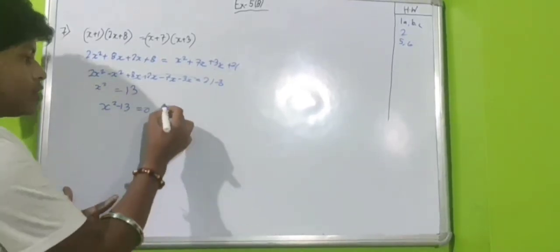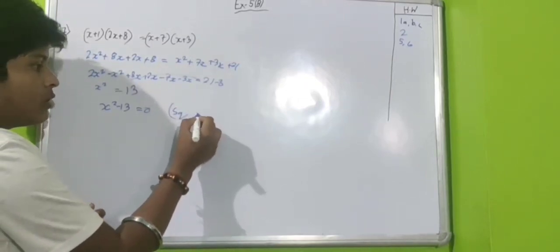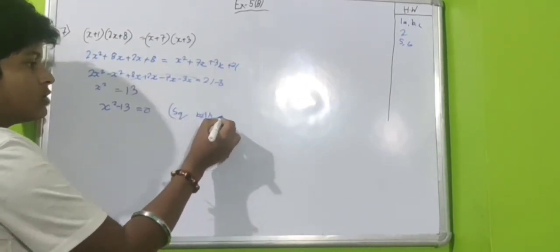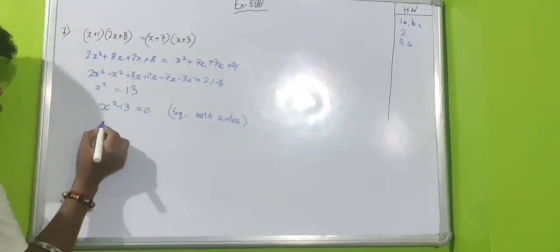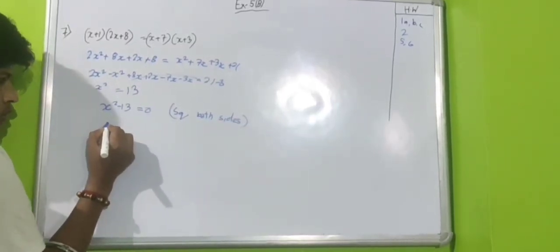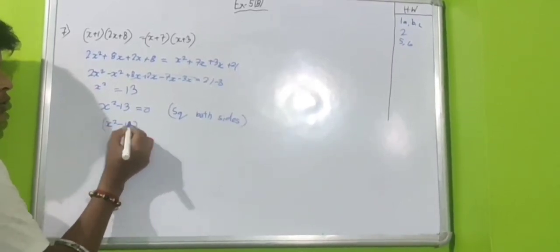Now we will square both sides, right? Squaring both sides. Now it will become x square minus 13 whole square.